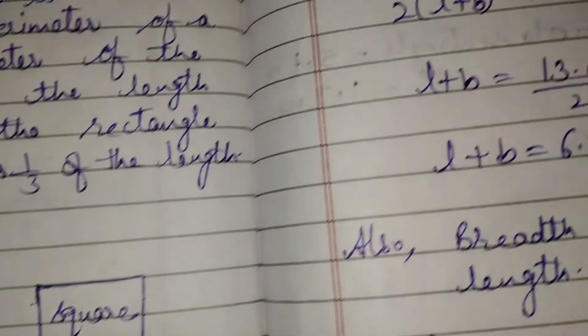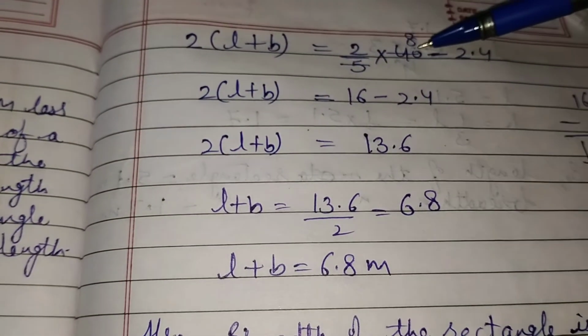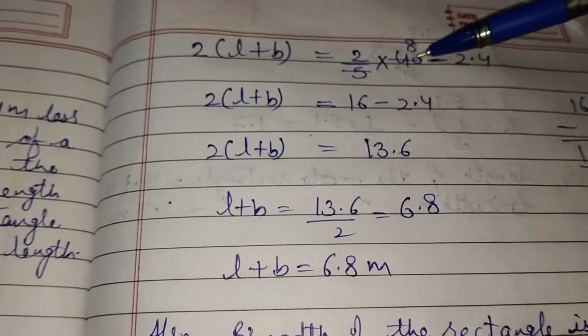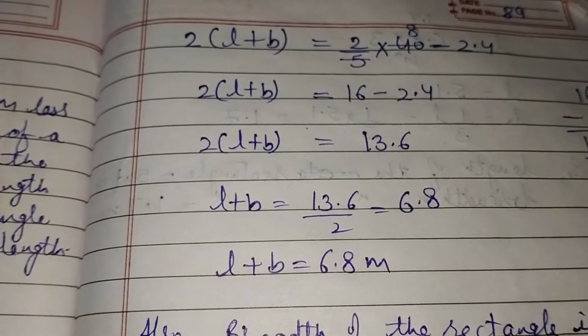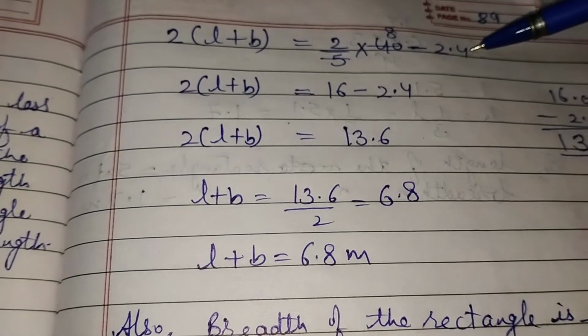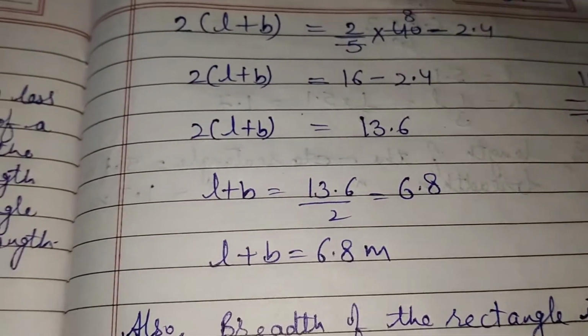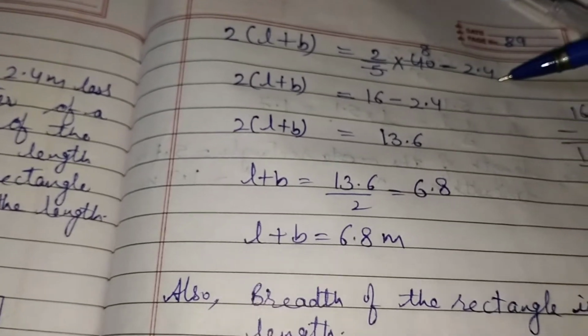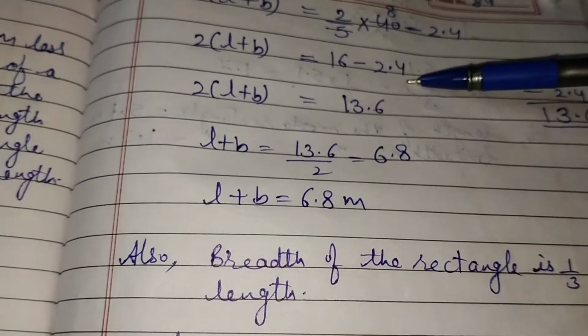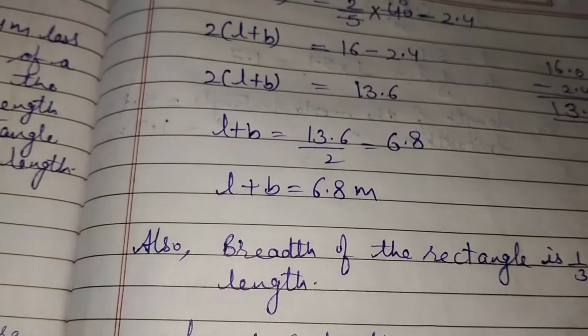We know the perimeter of the square is given, this is 40 meter. We will multiply 2 upon 5 with the perimeter of the square, and 2.4 meter less means from this we will subtract 2.4. After solving we will get 16 minus 2.4. In this way we will subtract these two.